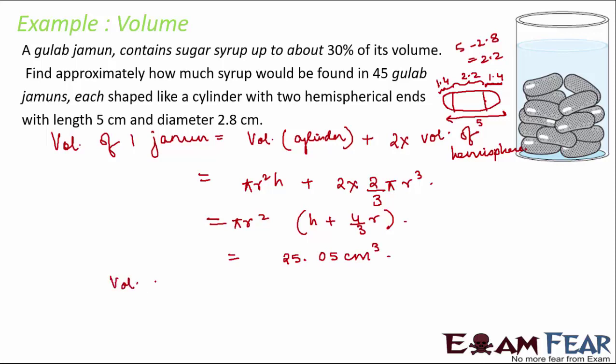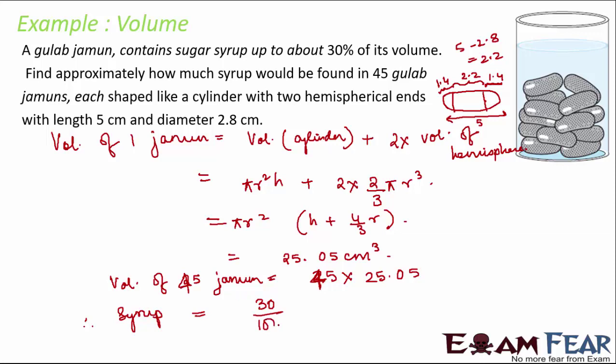So now you can easily find out volume of 45 gulab jamuns, which will be equal to 45 multiplied by 25.05. So therefore, the syrup needed for 45 gulab jamuns would be 30% of the volume of gulab jamuns.